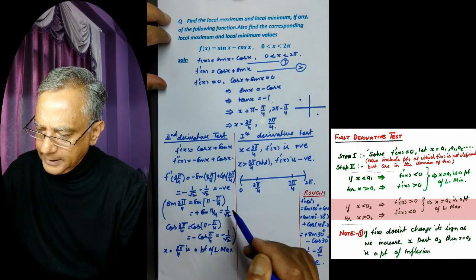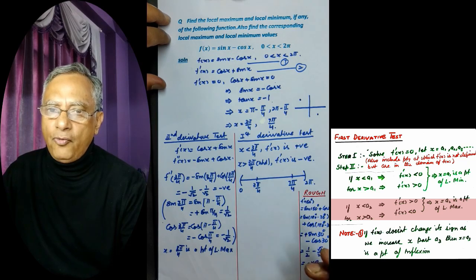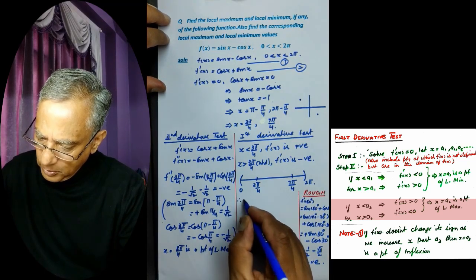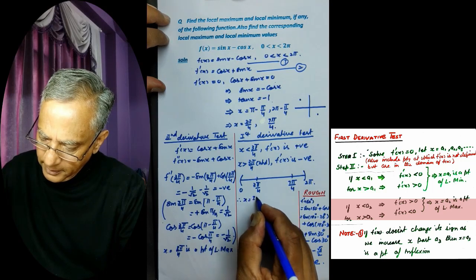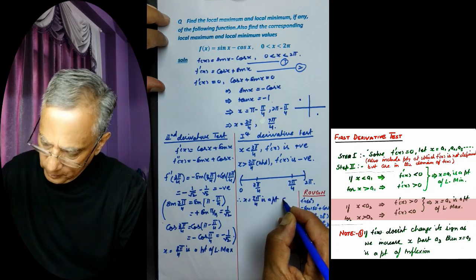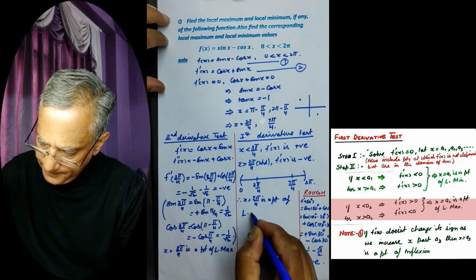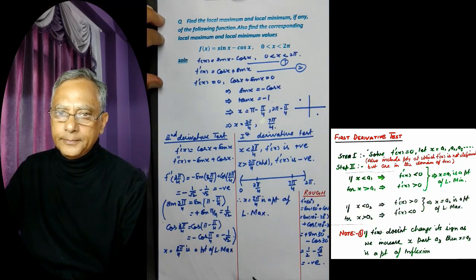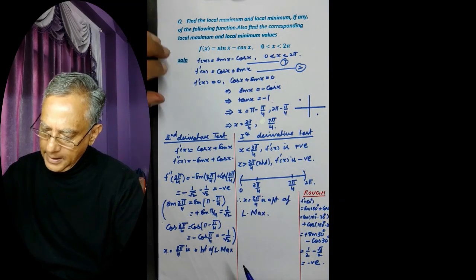Shape will be like this. So this must be a point of local maximum. Therefore, x equal to 3 pi by 4 is a point of local maximum.